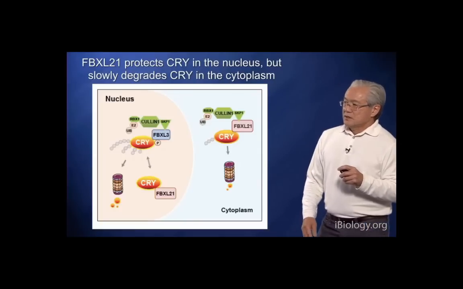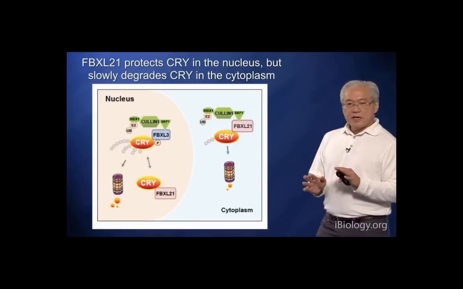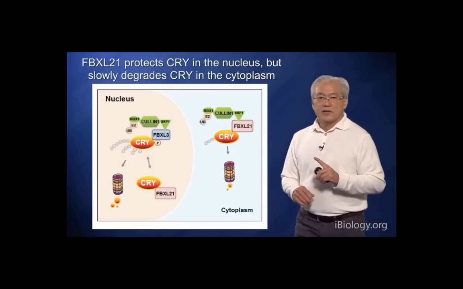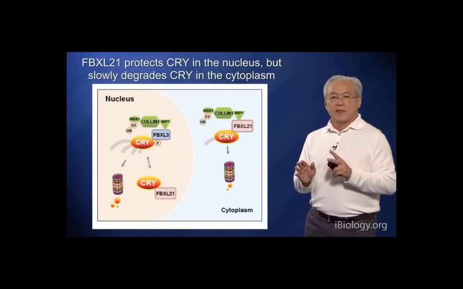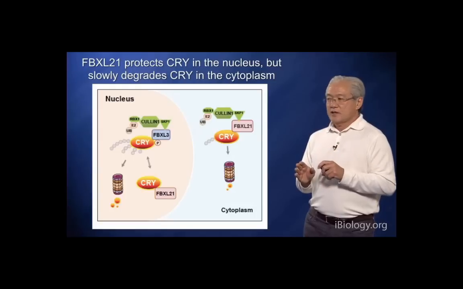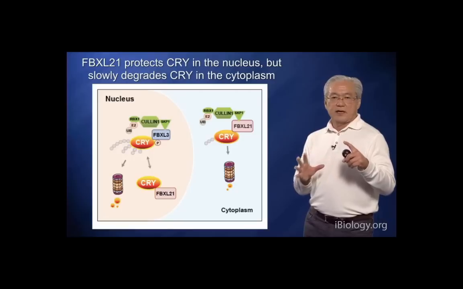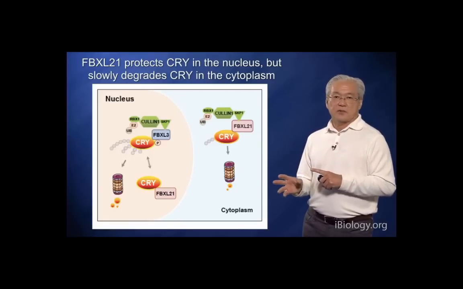So the discovery of these two mutations in related F-box proteins has, first of all, told us that the nucleus is very important in controlling the degradation of cry, and that the primary effect of these mutations on period length appears to act at the level of the nucleus, not the cytoplasm.